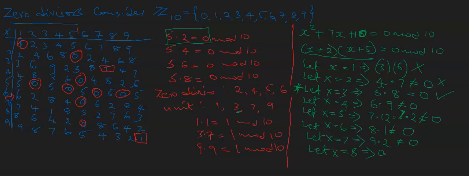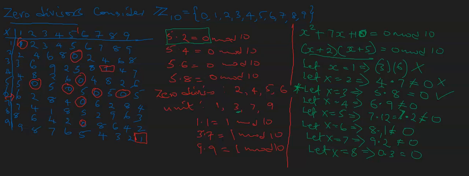And 8 plus 5, 13, we get 0 mod 10. And therefore x can be 8.